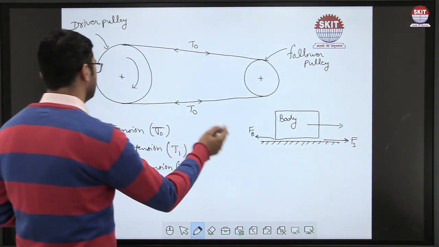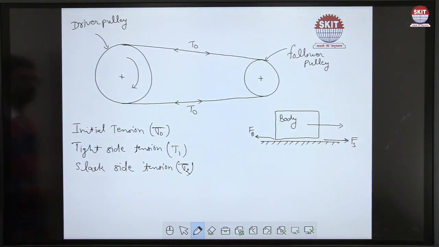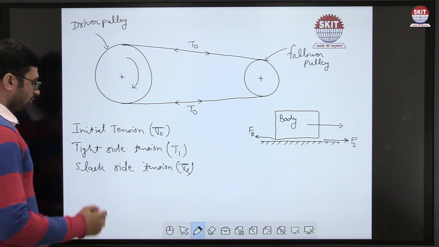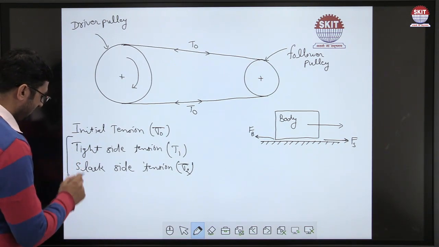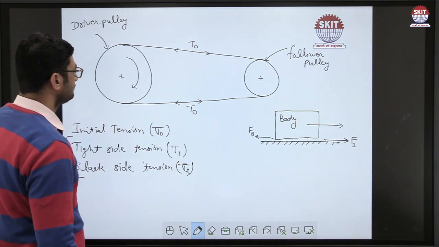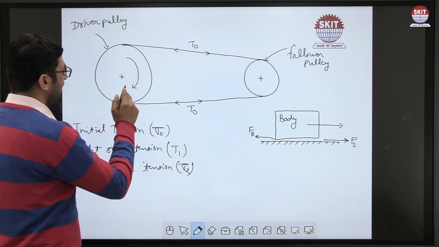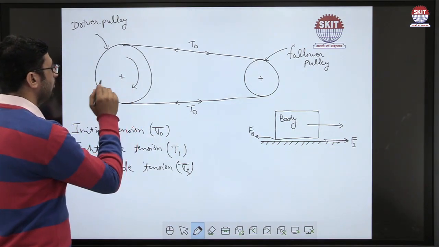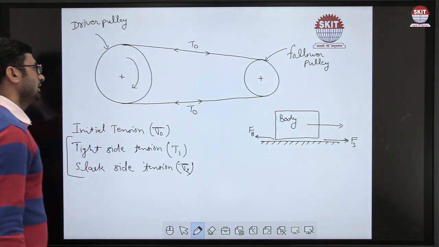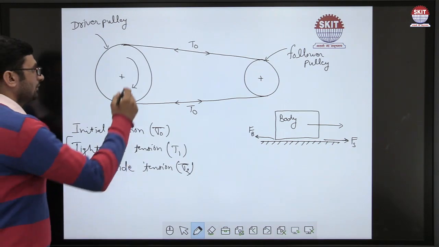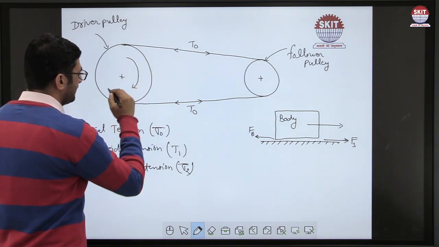The same thing is used in this belt drive to understand the tight side tension and slack side tension. First, we supply the power with the help of a manual or electric motor. Then this pulley starts rotating.